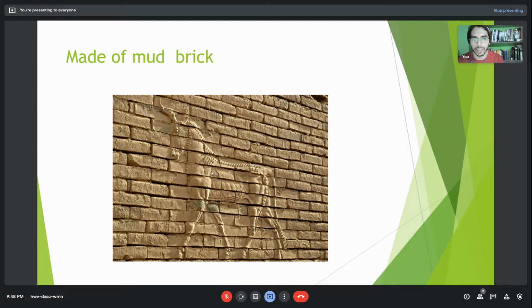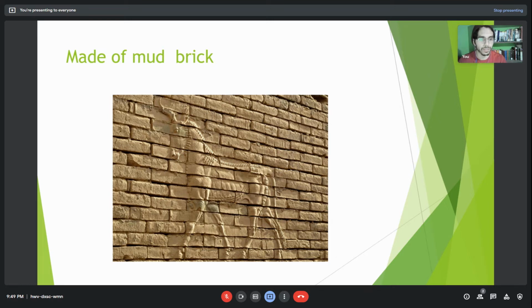Now, this glaze over these molded bricks gives us a beautiful blue color. They tried to imitate a stone called lapis lazuli. It was such an intense blue color that the Babylonians loved, and they used it for pieces of art that show power.